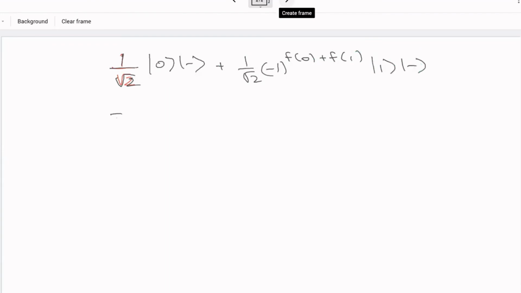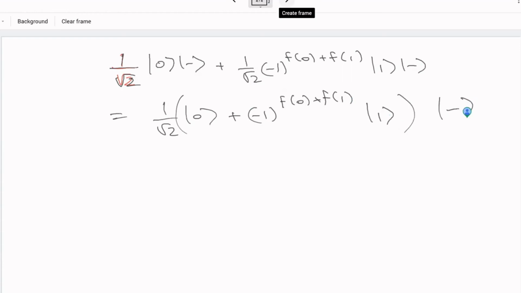Factoring out the second qubit, what we get is just 0 plus -1 to the f of 0 plus f of 1, 1. And then there's this minus in the second qubit that we can ignore.